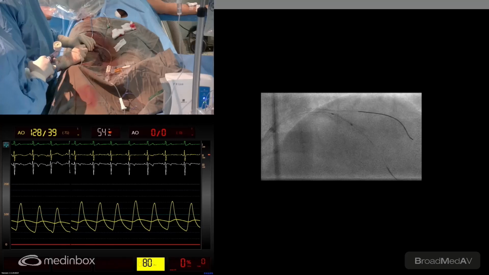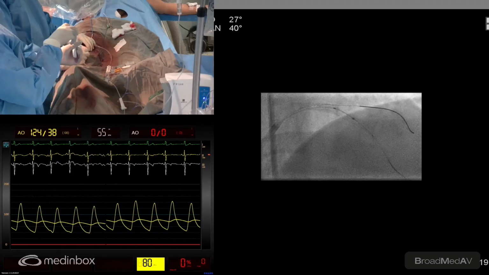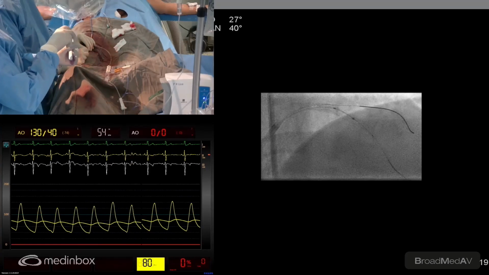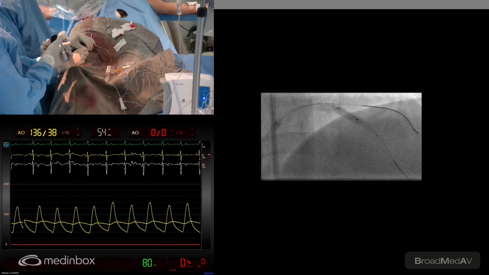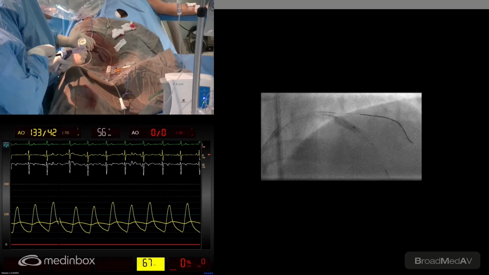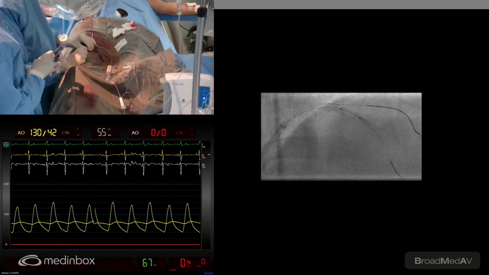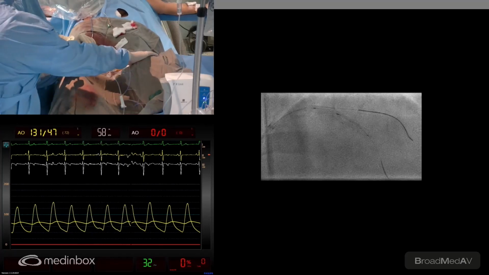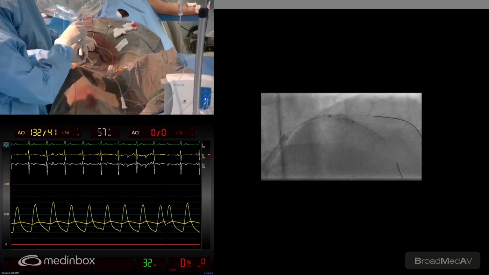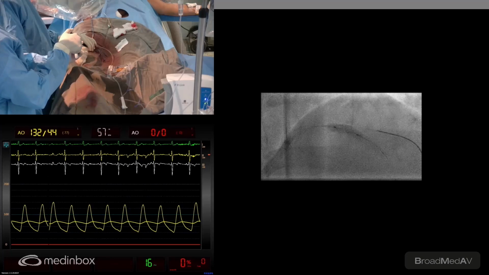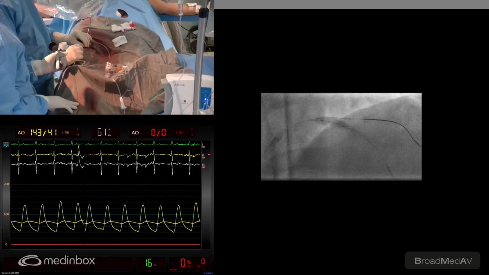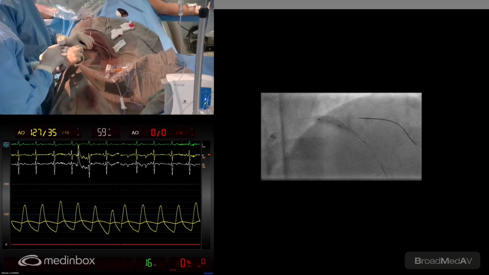So we've gone up to moderate pressures here, and here we'll go at high pressure. Go to 20. This is a 3.25 balloon. Deflate. Go up here. Patient is having some sort of chest discomfort. I think she should be fine because it's a high pressure balloon. 20.